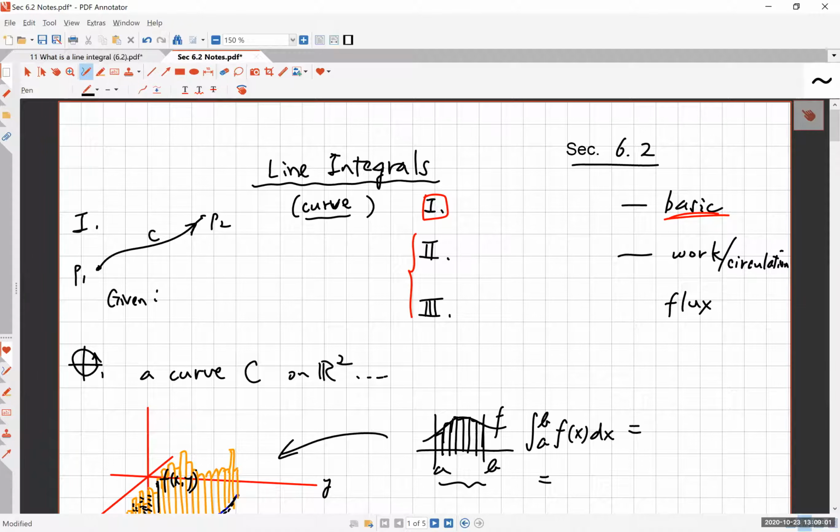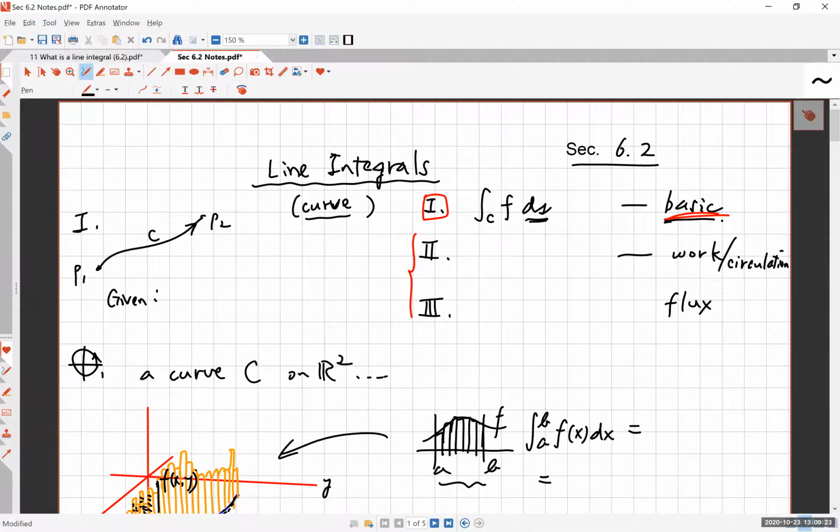All right. So number one, we will be defining what we mean by the line integral of f over the curve C. And then the differential we use is not dx or dy or even dt, but it's ds. All right. So this is the arc length parameter or arc length differential.